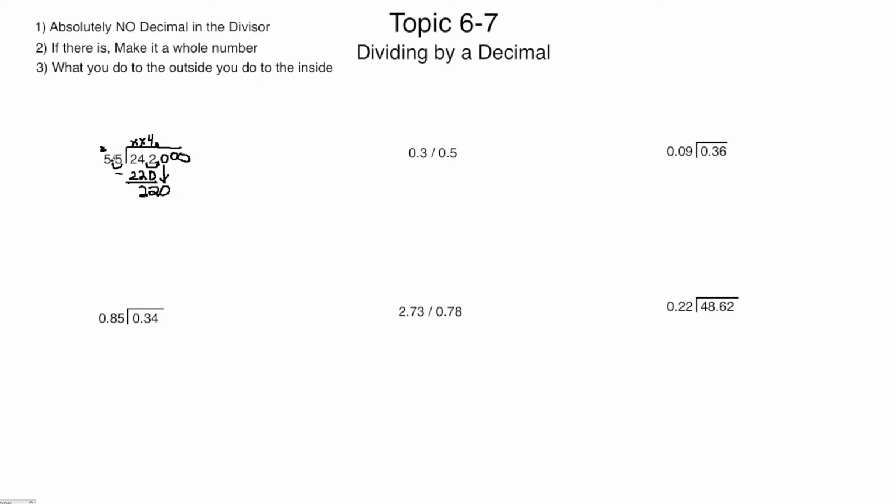Now, obviously, 55 went into 242 4 times. You got 220. So we know that this one is going to be a 4. 4 times 55 is 220. And it terminates. So our answer is 4 4/10.